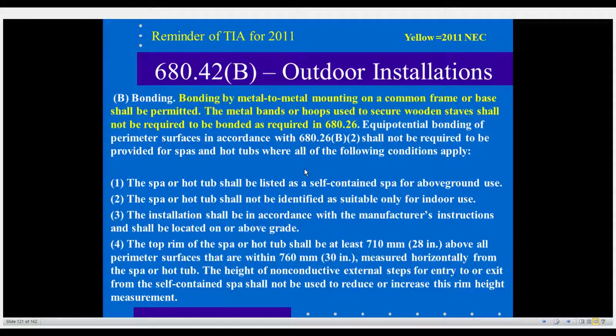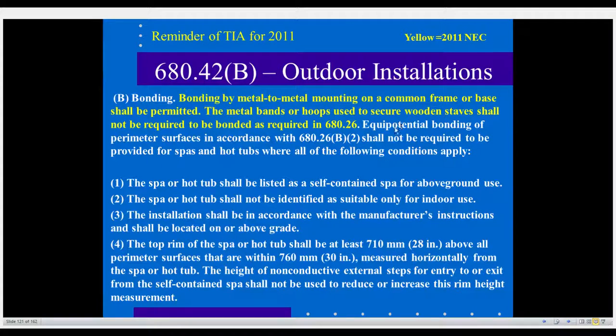That was one of the issues, and it caused a lot of confusion where people were saying, nope, you've got to have that perimeter surface, even if it's a factory type of spa or hot tub. So they came along and had this TIA that said, no, it's not really necessary, and let's give you some more detail. And again, it was carried over into 2014.